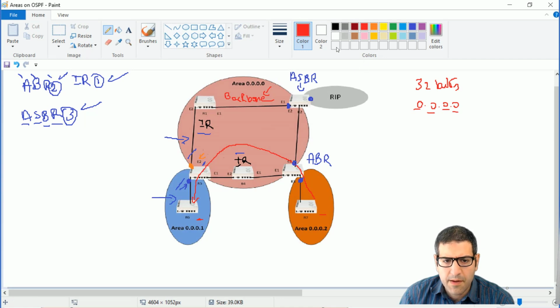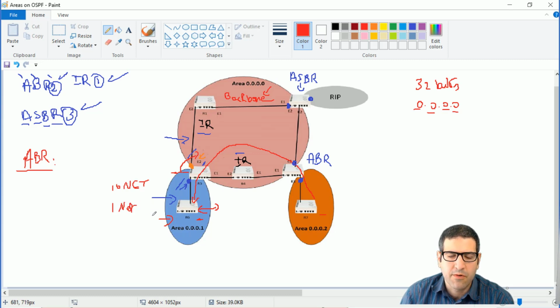Now, if we look at the ABR, it has a good function to do some type of summarization. What the ABR can do for us is summarize, for example, the networks which are inside this area, and inject them into the backbone area. So if you have, for example, 10 networks which can be summarized by one network, you know how summarization is done.